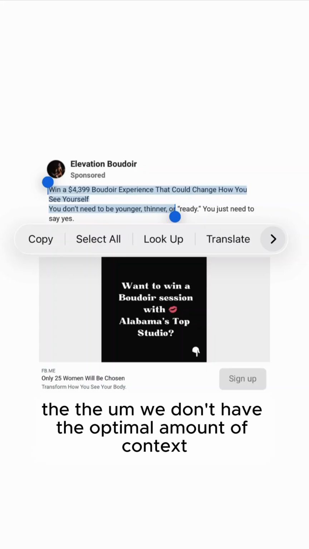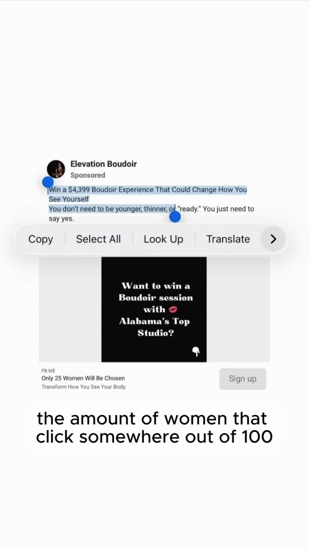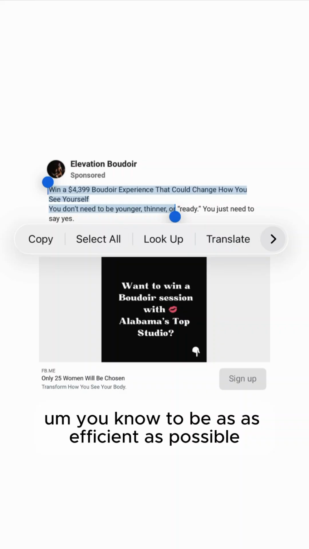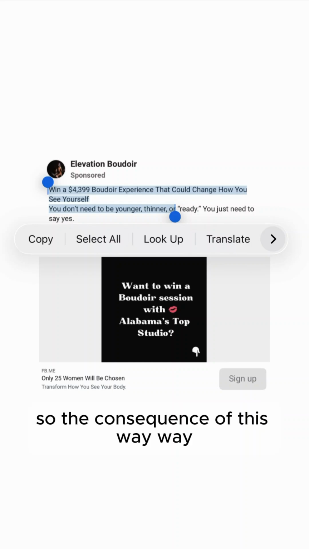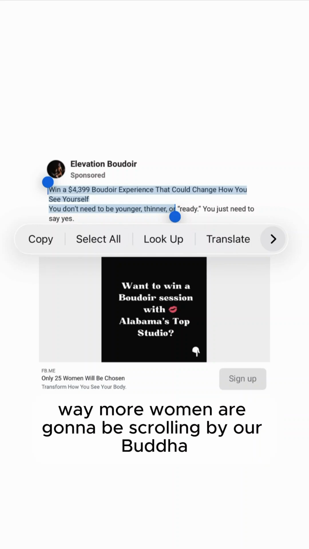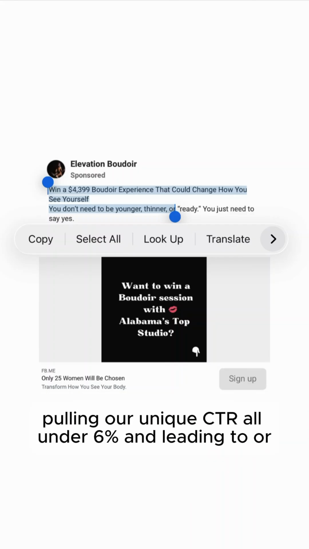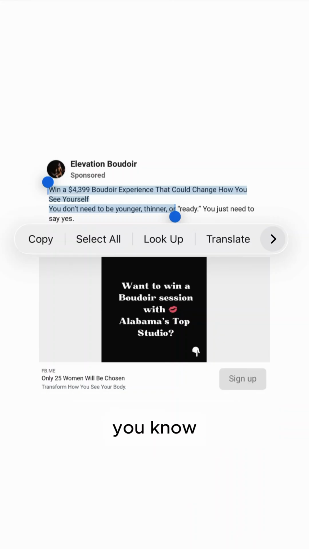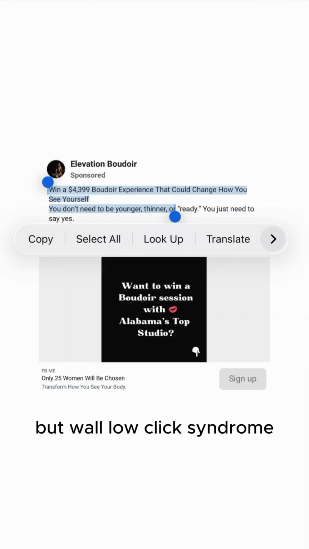We don't have the optimum amount of context, and the false belief causing us to make this mistake is that we thought we had enough context to maximize, optimize the amount of women that click somewhere on our ad out of 100, to be as efficient as possible, but we did not achieve that. So the consequence of this, way more women are going to be scrolling by our Boudoir Facebook ad than necessary, pulling our unique CTRL under 6% and leading to a higher probability of BLCS, Boudoir low click syndrome.